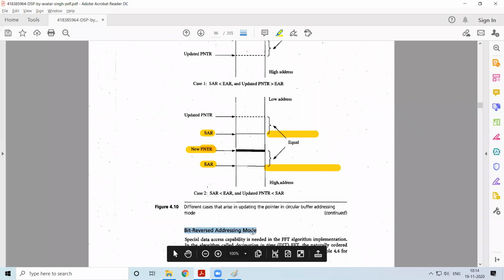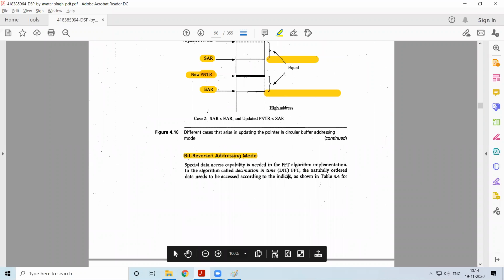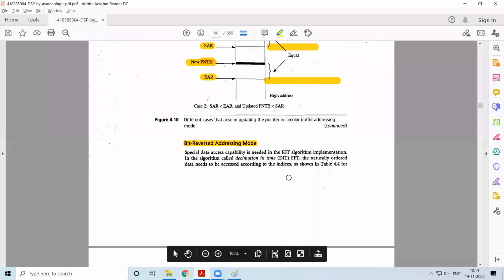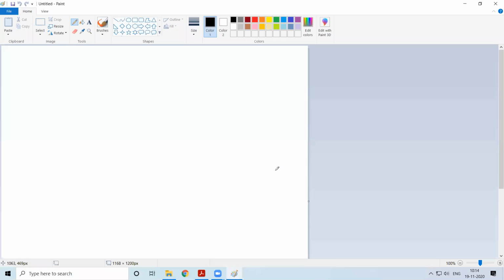Now another addressing mode is the bit reversed addressing mode. Yesterday we started the discussion of this. So what is meant by bit reversed addressing? In binary form, if two bits are used, we have 00, 01, 10, and 11. Say, for example, you have a sequence x of n and you have some samples associated with this.